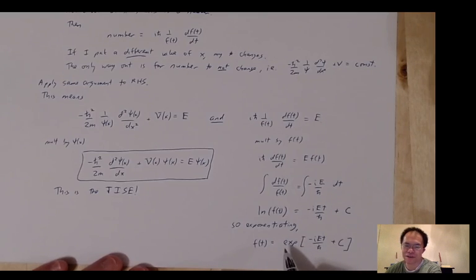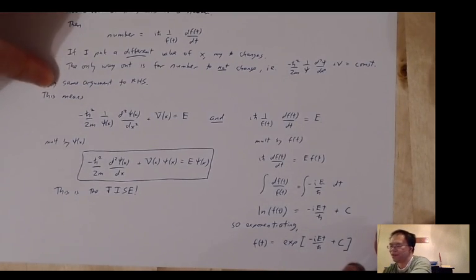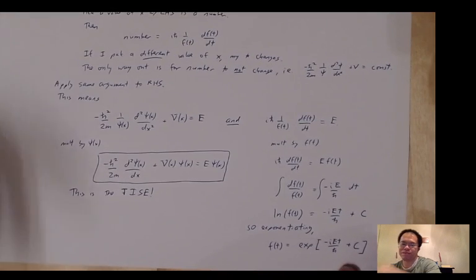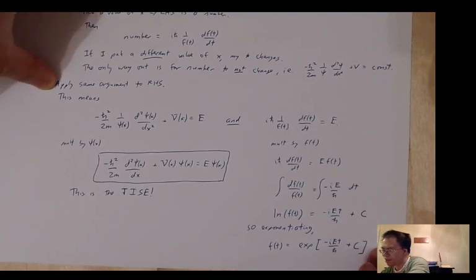I can factor out e to the c here, because e to the quantity a plus b is e to the a times e to the b.